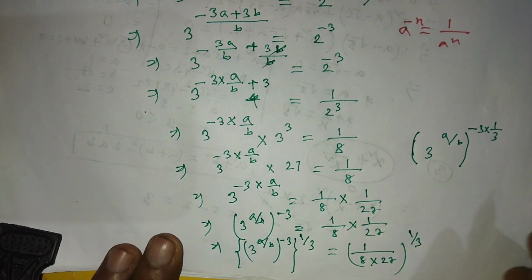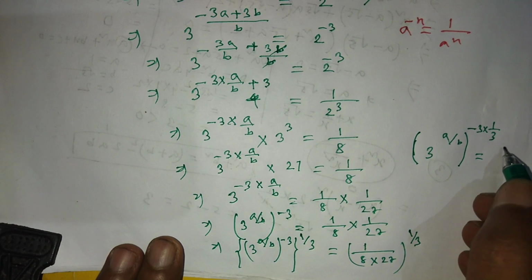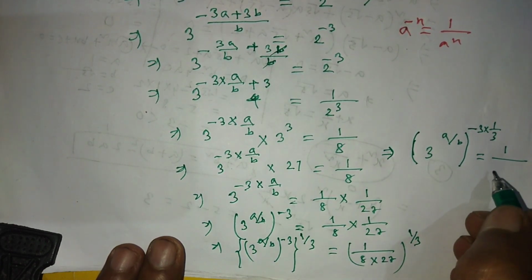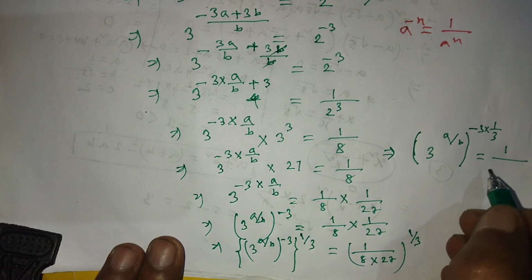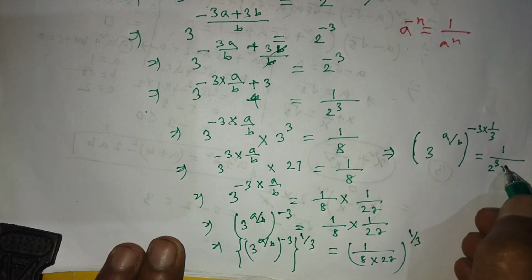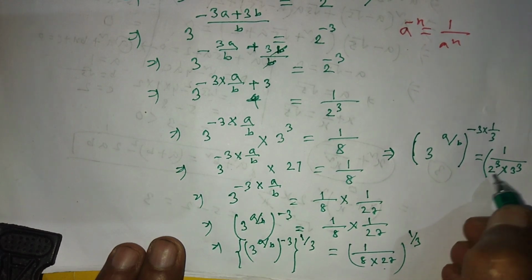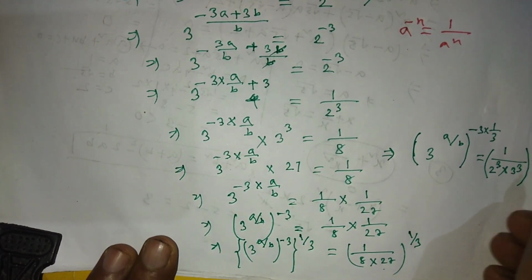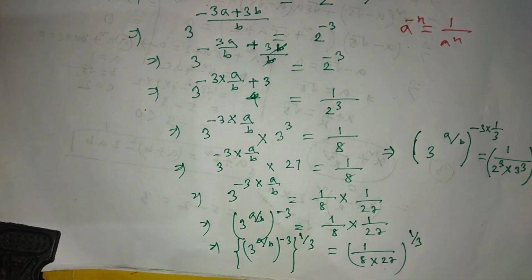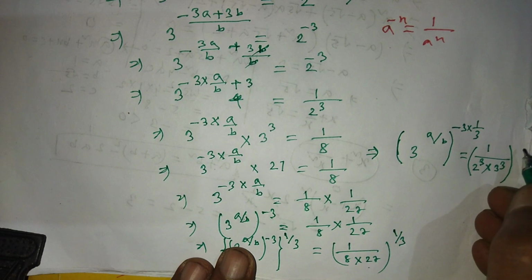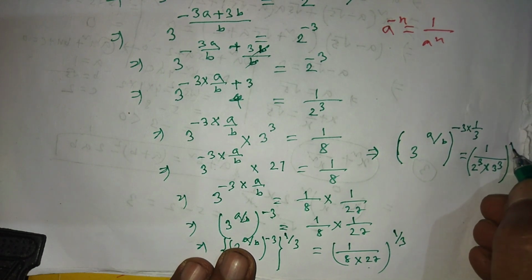Is equal to, so on the right hand side, 8, that means 2 to the power 3, into 27, that means 3 to the power 3, and again we write the bracket, and after the bracket in the place of power we take 1 by 3.